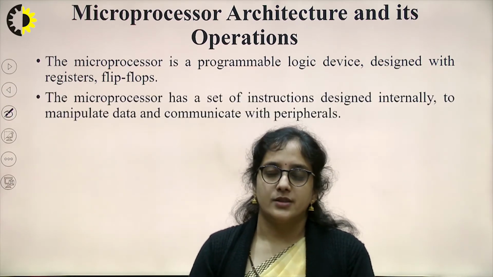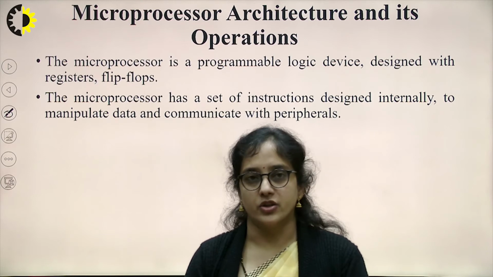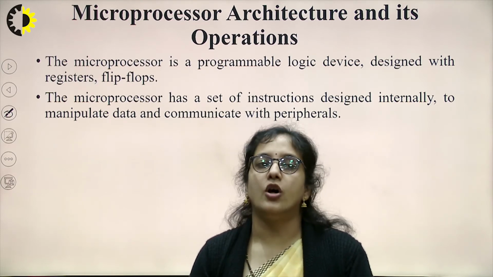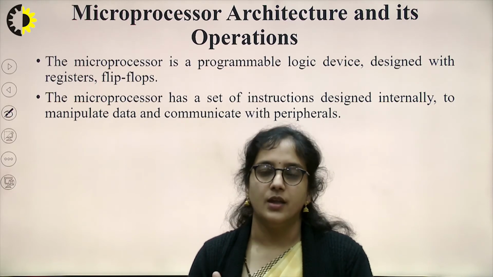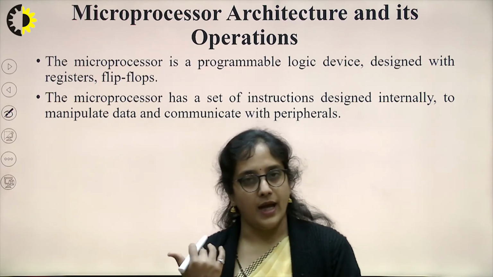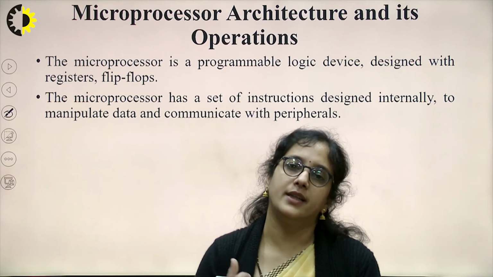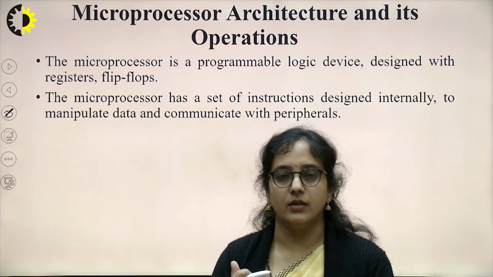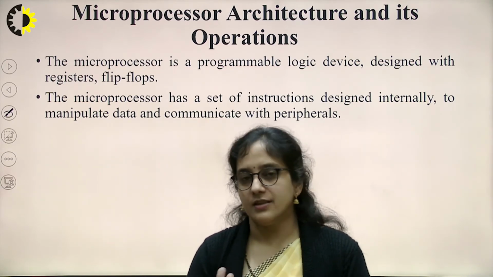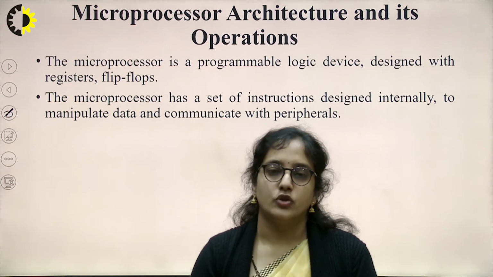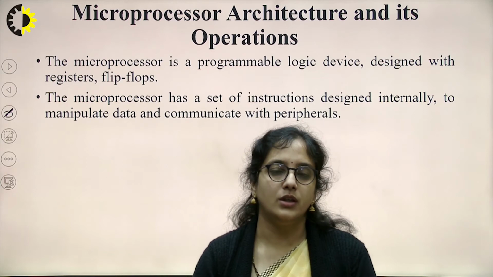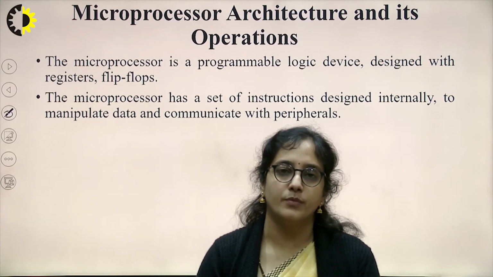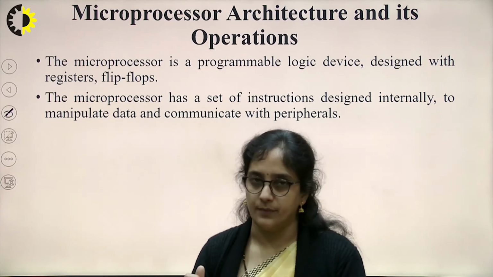These microprocessors need some instructions to perform the task on the data given to them. The data is provided either from a memory or by peripherals, that is input output devices. So we need to write a set of instructions in the memory so that the microprocessor can perform that particular task on the data.